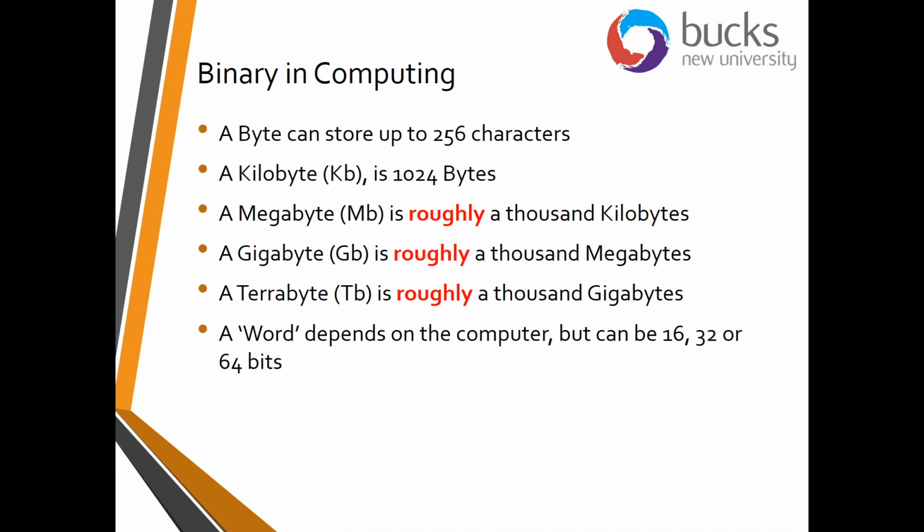A word in computing depends on the computer, but it can be 16, 32, or 64 bits in length. So we use the term word to represent a length of binary number. And normally a computer's word length refers to how it processes those numbers and the number of bits that it can work on at any one time.